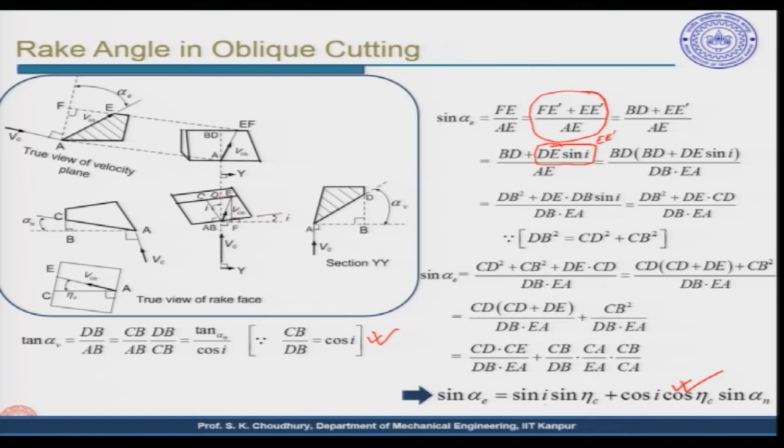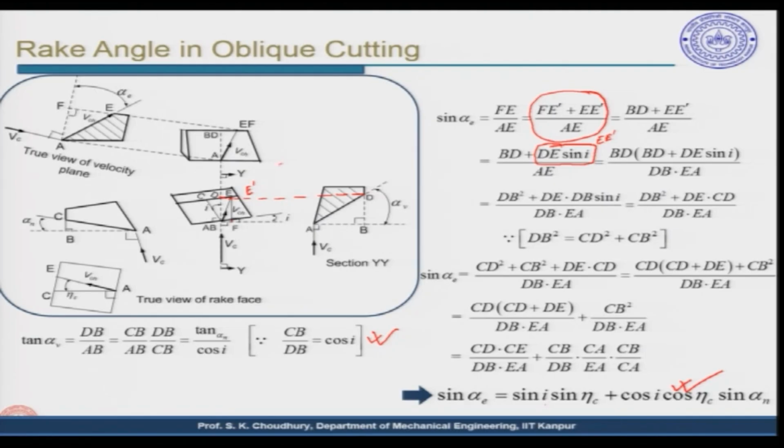If you extend this line, it gets into the point D. This line intersects with the vertical line EF at a point which is EE prime.